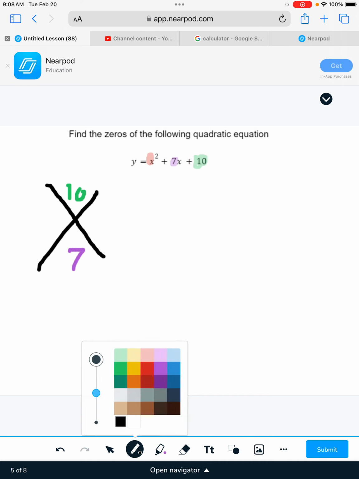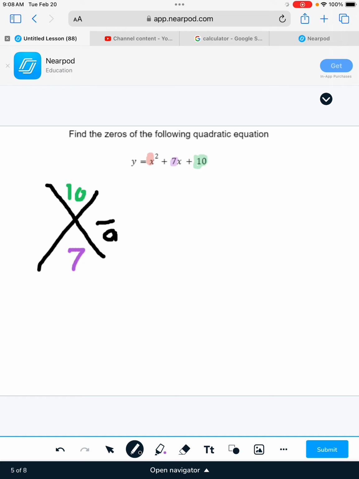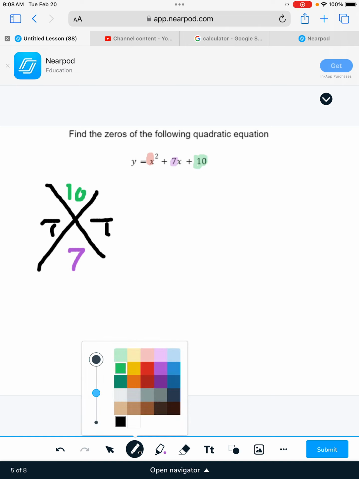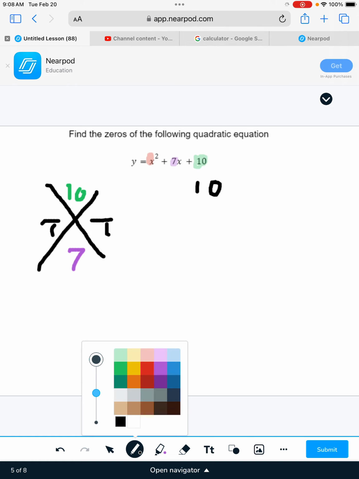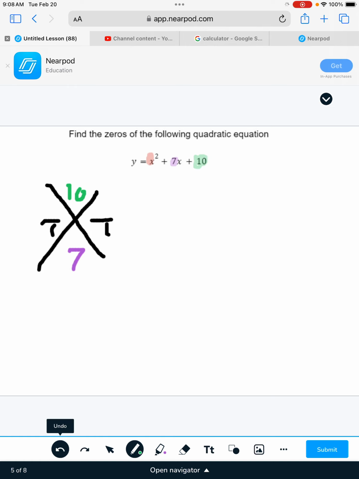Yes, on the side, this goes over A, and that goes over A, but don't forget, A is 1, so it's just over 1. And our goal now is to factor apart that 10 into its individual pieces that we can then use to solve for the 7 by figuring out what numbers add together to make 7.